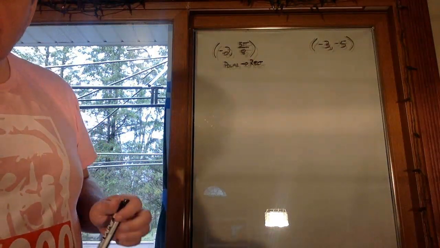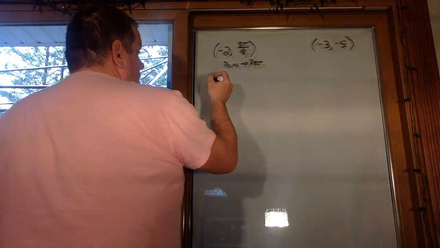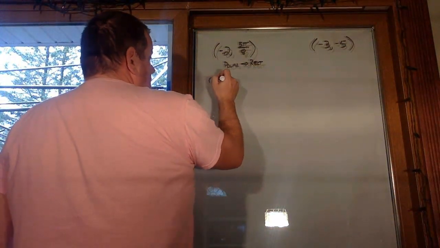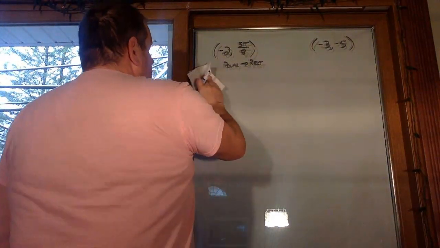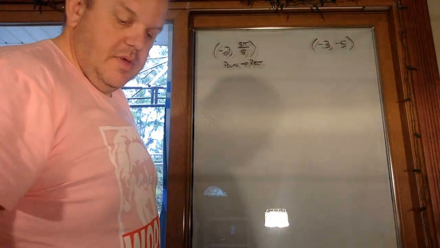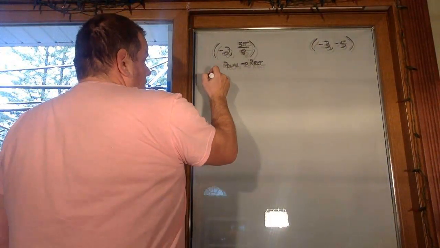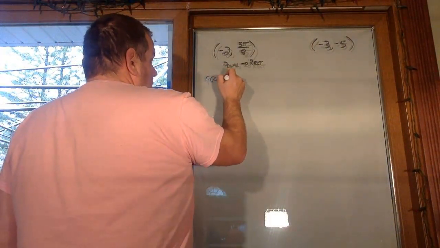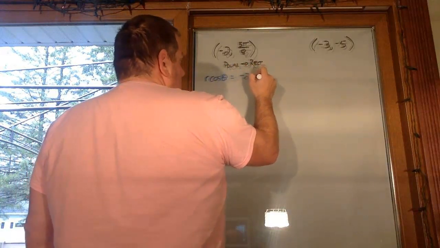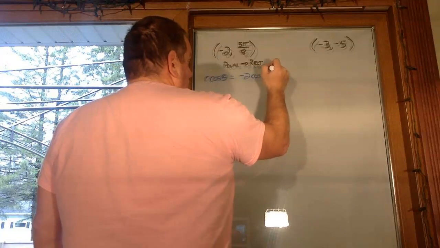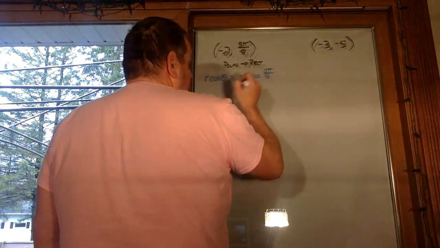So it's going to be x equals R cosine of theta, which is -2 cosine of 5 pi over 8.